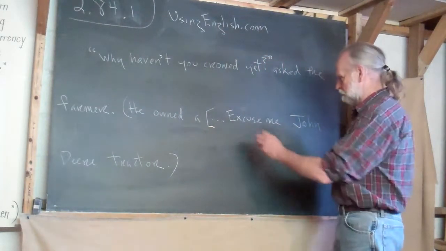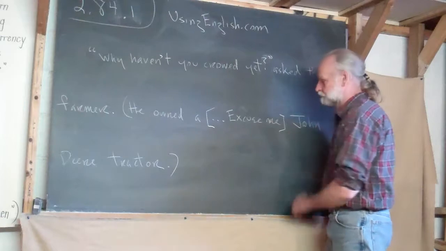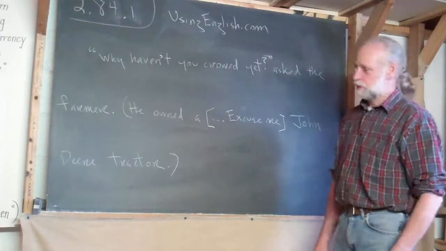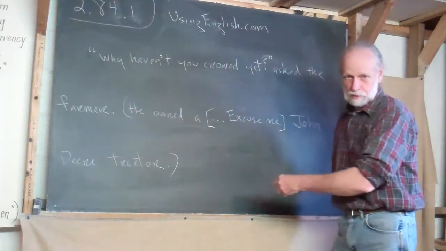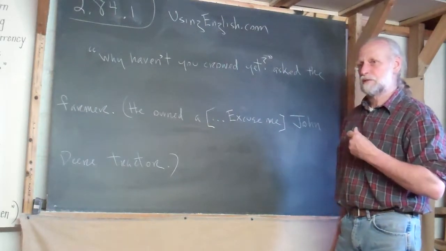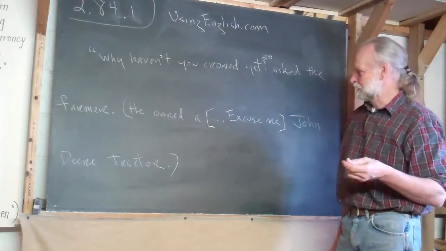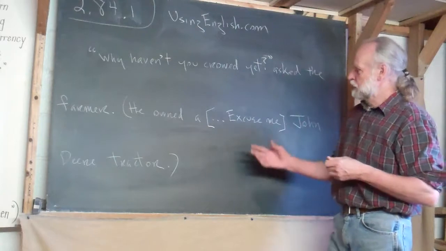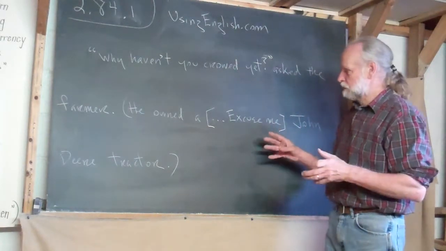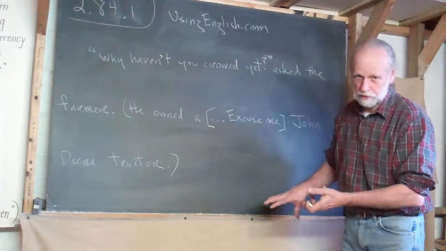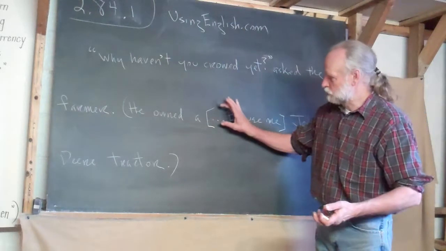What I've done before is went to double parentheses, but I made that up. I'm not sure why I did that. But anyway, the standard is when you are interrupting an interruption, you go to brackets.